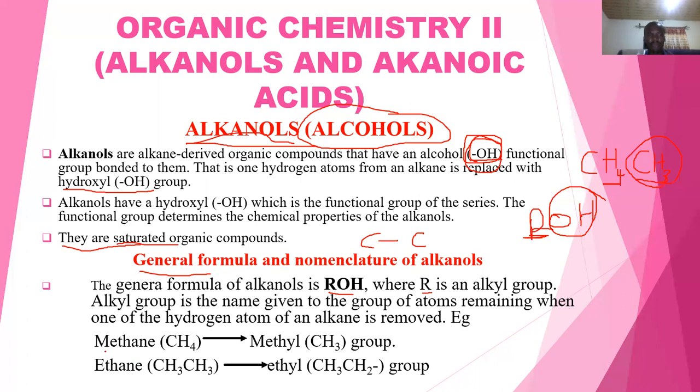For example, methane has 4 hydrogen atoms. When we remove one hydrogen atom, we now have 3, so we have CH3. This CH3 is the alkyl group, which is called the methyl.